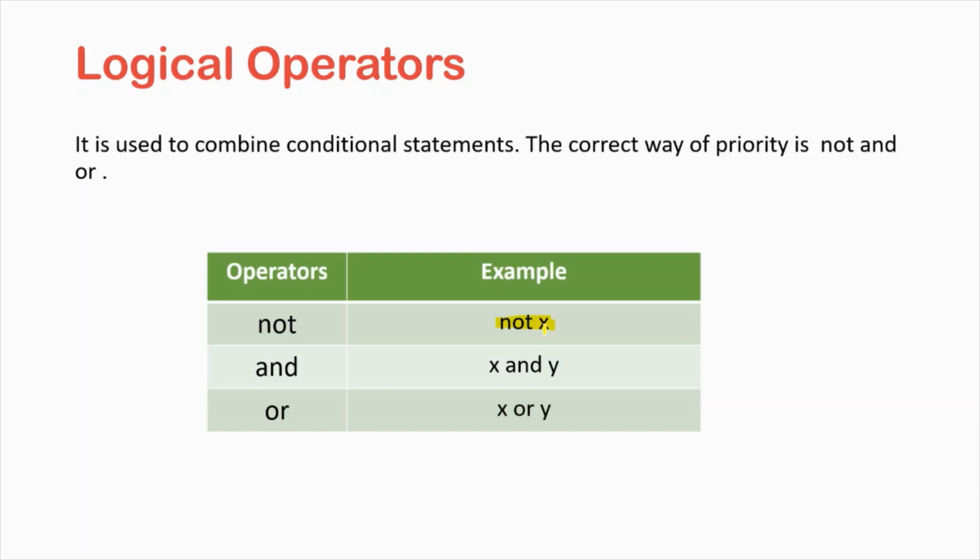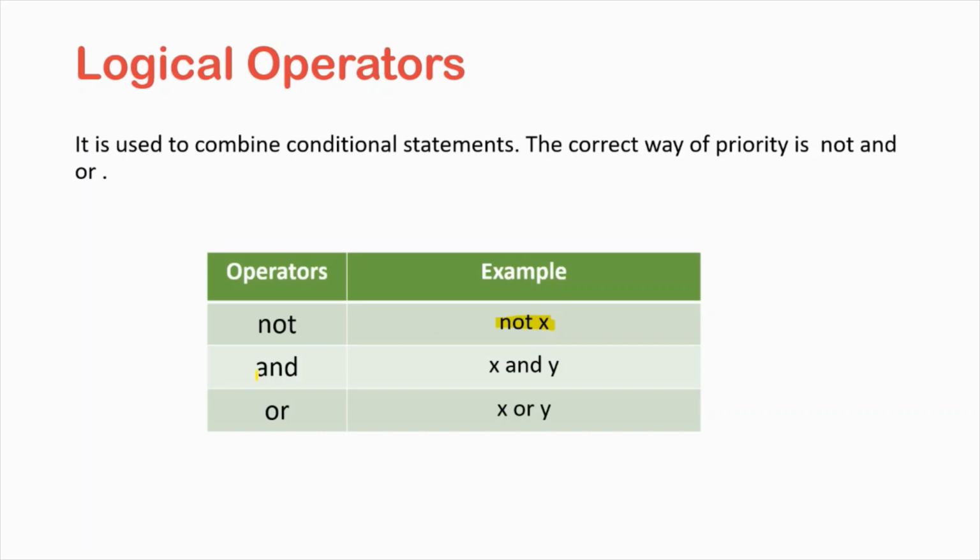If we put NOT in front of any positive number, it will become false, because every positive number is a true number. If we put the NOT operator in front of a false statement, it will become true. So it just returns the opposite value.